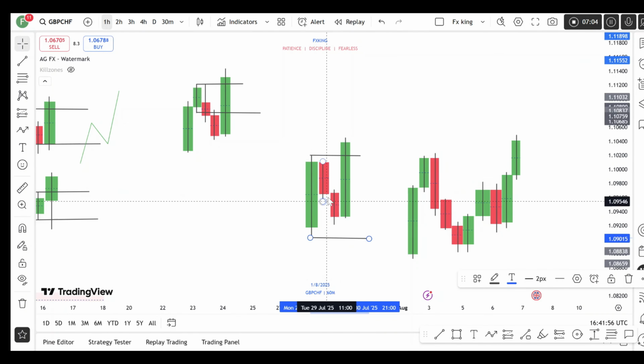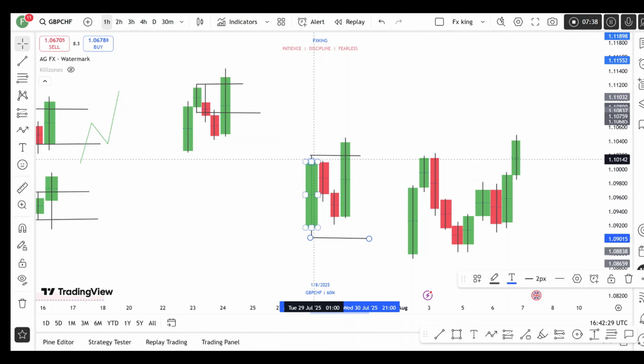Clearly this is the highest candle in this range, and normally the condition states that the low of the highest candle needs to be taken out, and the high needs to be taken out as well, for it to be a valid pullback. Clearly, this is the high of this candle and this is the low, so these were never taken out. All these other candles form inside this bigger candle body. So here we don't have a valid pullback. This is an example of an invalid pullback.